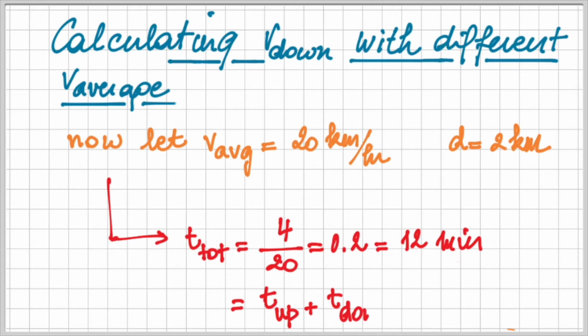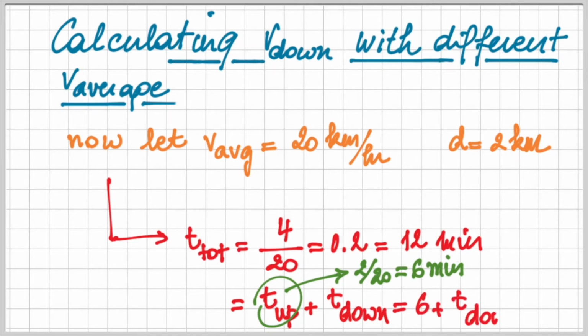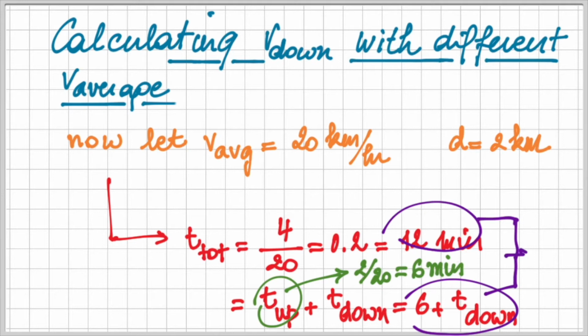And we can say that the time up plus the time down: t up is 6 minutes, and 12 is 6 plus the time down, which is equal to 12, of course. Now, when we look at those two elements together, we see that we still have 6 minutes left to go down.